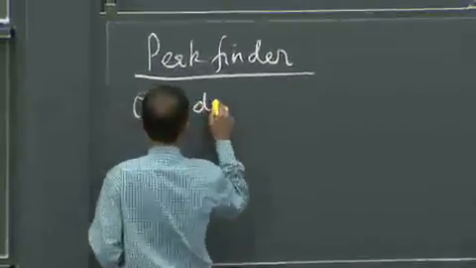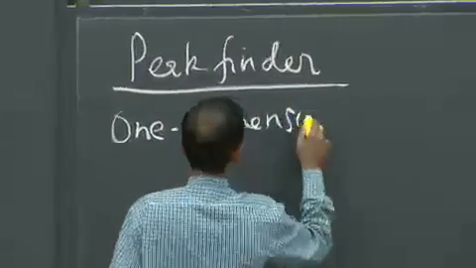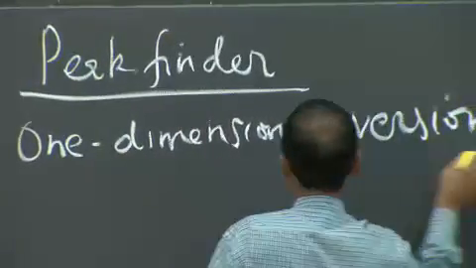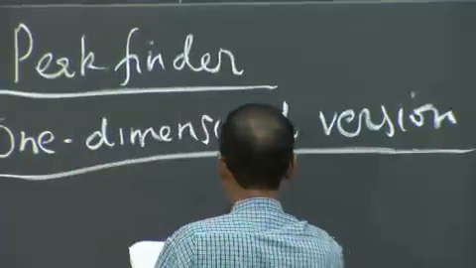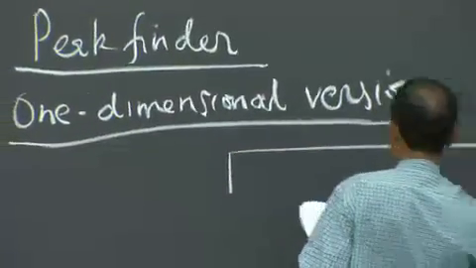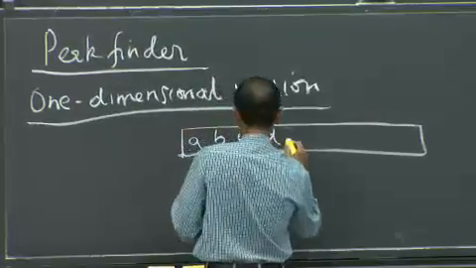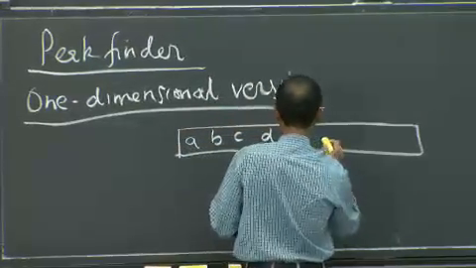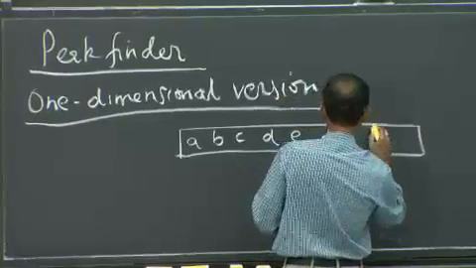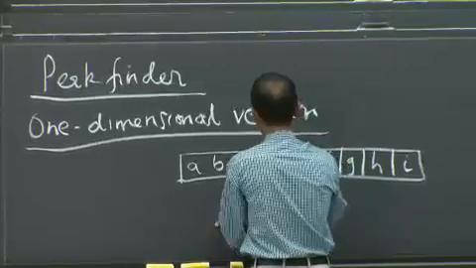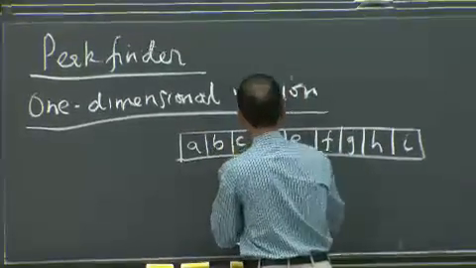So we'll start with a one-dimensional version of what we call peak finding. And a peak finder, in the one-dimensional case, runs on an array of numbers. And I'm just putting symbols for each of these numbers here.